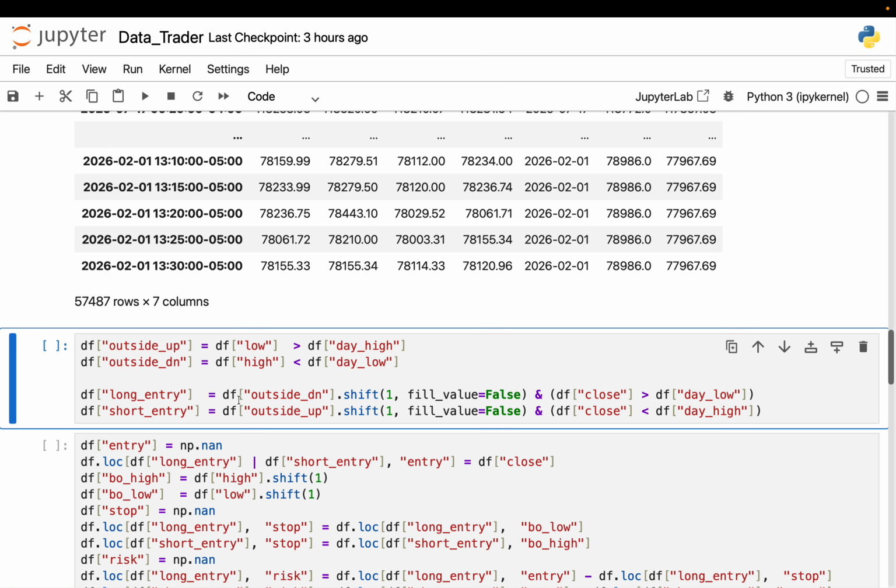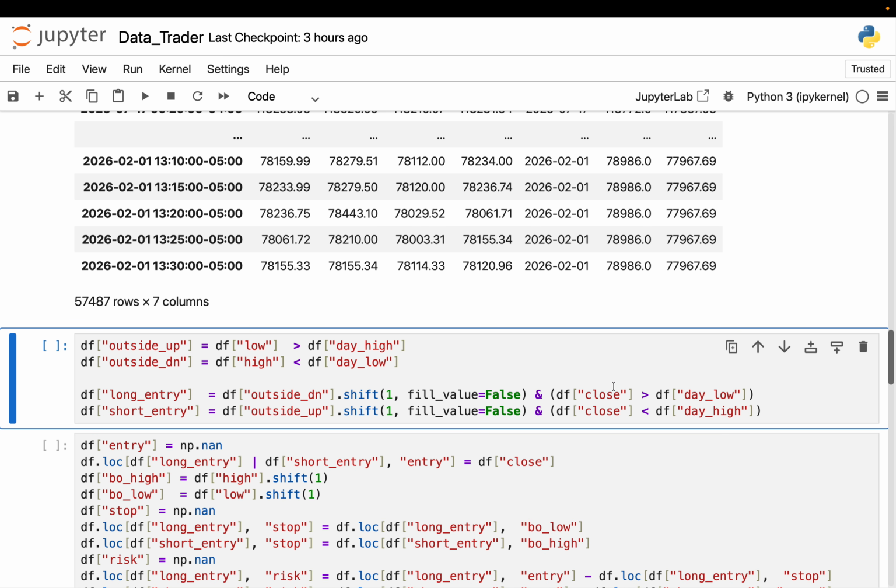And then you just define the entry. Important here is the shift because we look at the next candle and we require a close back inside. So a long entry, the previous candle was breakout down. So I'm calling that outside down, but this is just the breakout down.